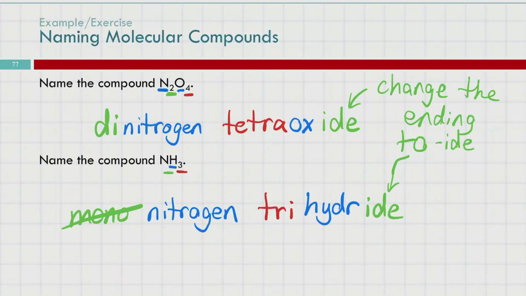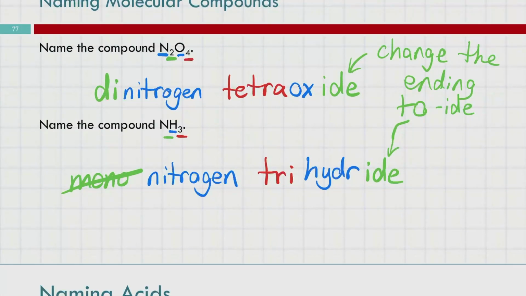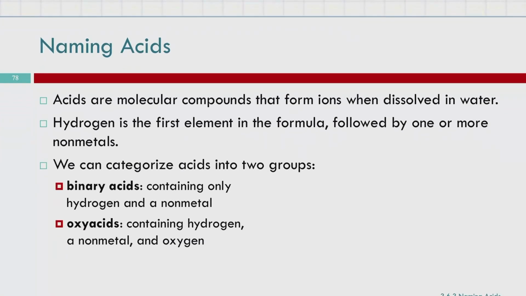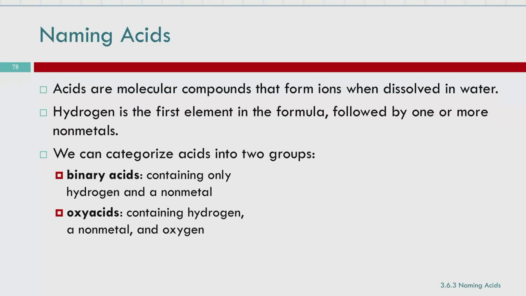That's kind of all there is to it for molecular compounds. Our last group, we've now covered ionic compounds, things that are metal and nonmetal. Our second group that we just covered is nonmetals only, molecular compounds. Our third group is acids. Acids are molecular compounds because they're just made up of nonmetals, and they form ions when they dissolve in water.